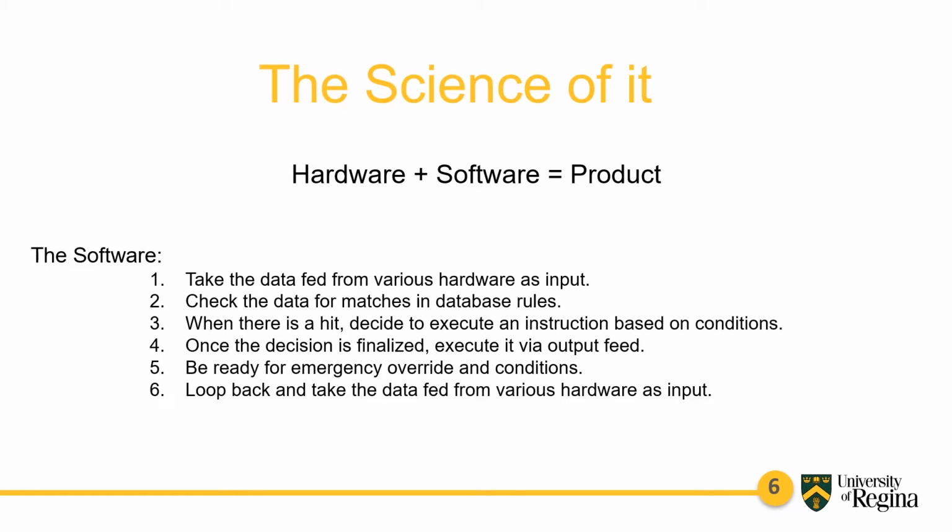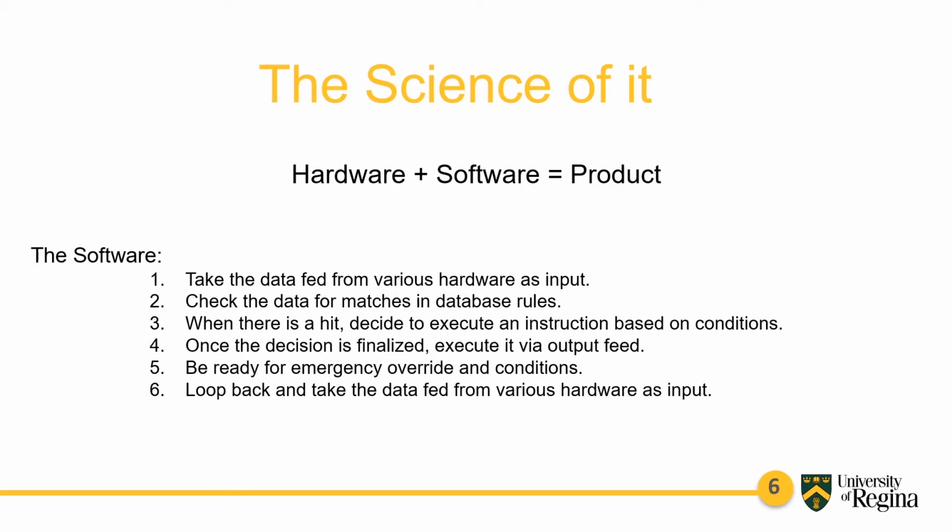Moving on to the software, there is a common loop structure usually followed while designing software. It can be roughly explained in the following steps. The system takes the data accumulated from various hardware components as input. The system then analyzes, processes, and compares the data for matches in its database, which is possibly linked to the cloud.